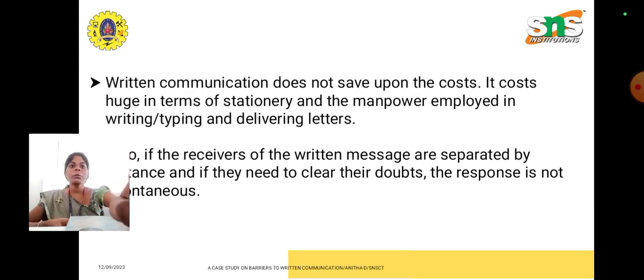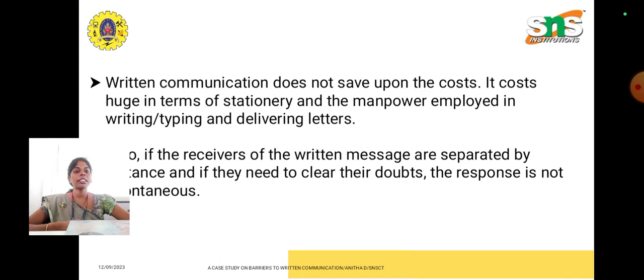Written communication does not save on cost. It costs a lot in terms of stationery and the manpower employed in writing, typing and delivering letters. Written communication is different from face-to-face communication, because when you communicate with people, they can understand what you are trying to say by seeing your face and your actions.